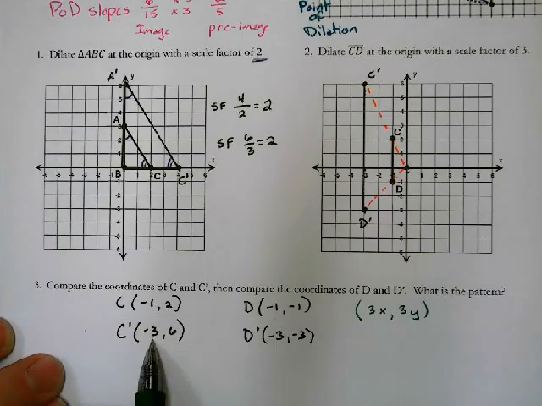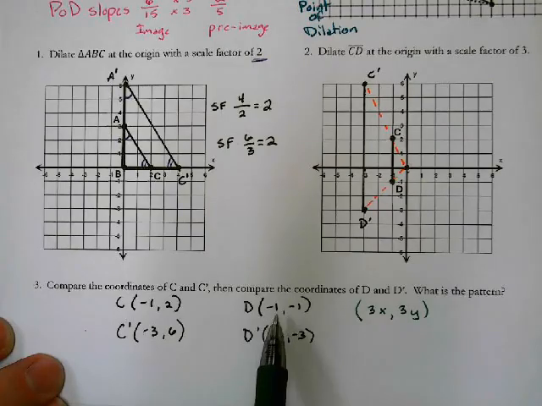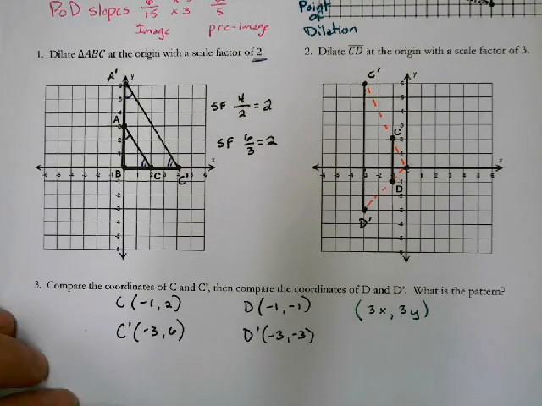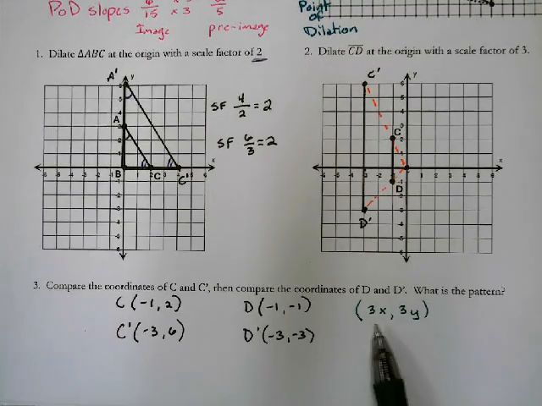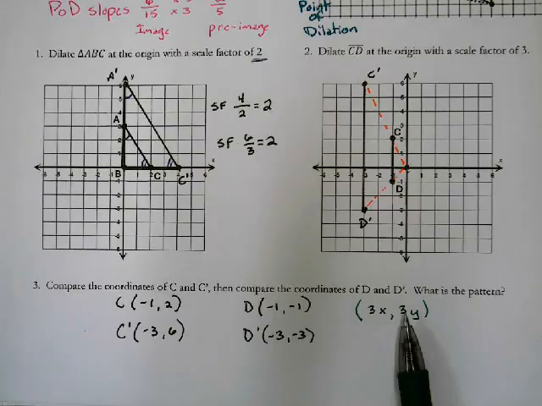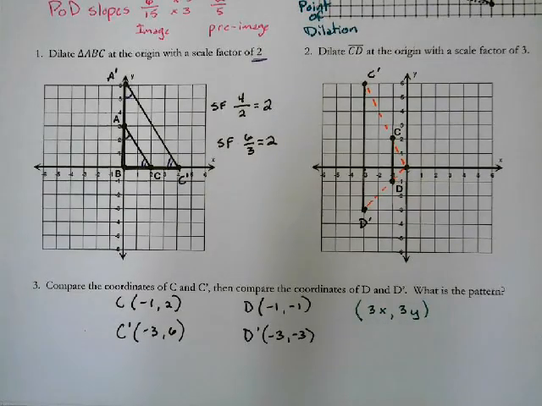Over here, the scale factor is 3, multiply by 3 and get -3, multiply by 3 and get -3. So we can see here that if the scale factor is 3, you're just going to multiply your x coordinates and your y coordinates by 3 to get your new point. That is helpful.